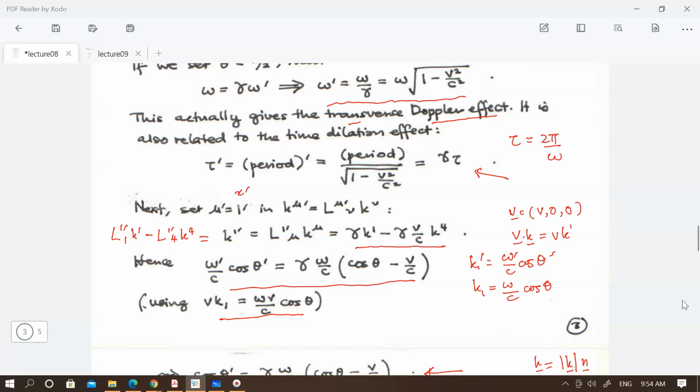So gamma k1 is gamma omega on c cos theta minus gamma v on c times k4, and k4 is omega on c. So I just bring out the common factor. This equals gamma omega on c times cos theta minus v on c. So it was that simple. Sorry, I got confused. So that settles that.